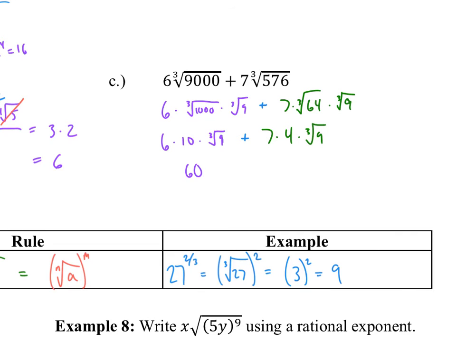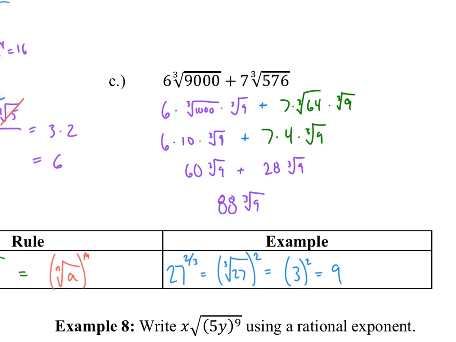So I have 60 cube roots of 9 plus 28 cube roots of 9, because the index and the radicand are the same. I can add these things. Right? If I just think about this as an apple, I have 60 apples plus 28. That same apple, that would just give me 88 of those apples.